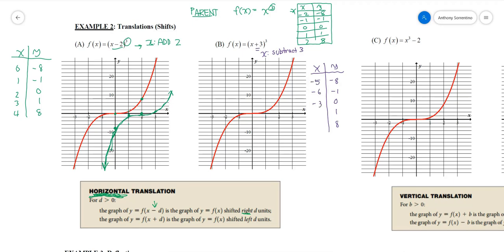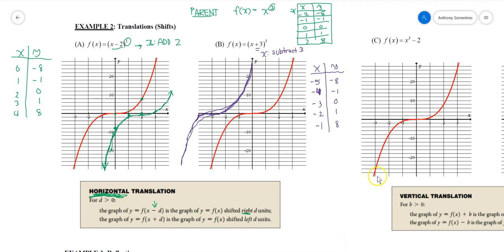So the horizontal transformations, at least so far for translations, I'm doing the exact opposite of what I see in the parentheses. If it says subtract 2, I'm going to add 2 to the x coordinates. If it says add 3, I'm going to subtract 3.